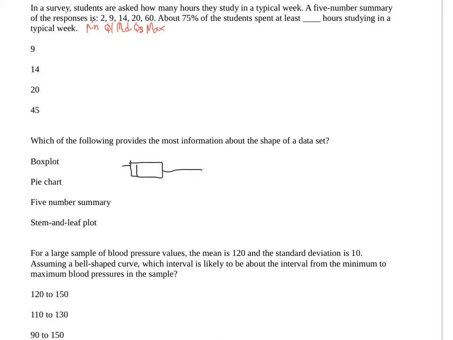The 5-number summary, well, you can kind of tell based on where the mean and median are, but the mean is not included in the 5-number summary. The 5-number summary is only going to give you numbers, and it's really hard to tell. For example, if you look at these numbers, it's sort of difficult to tell what the distribution looks like.